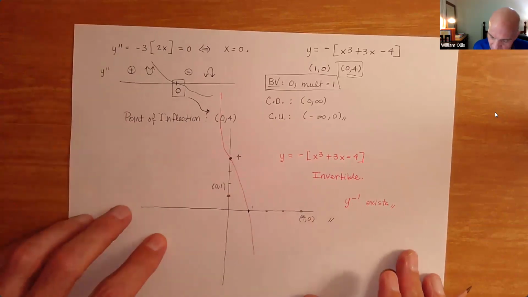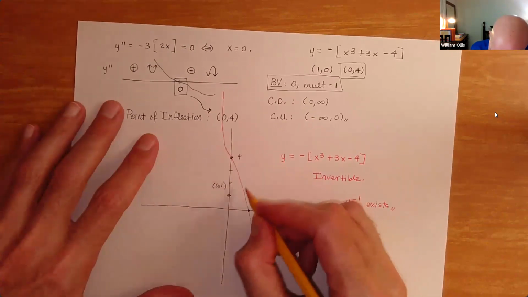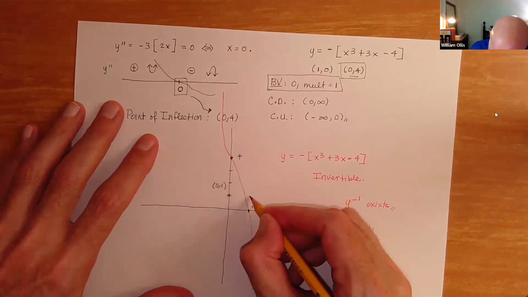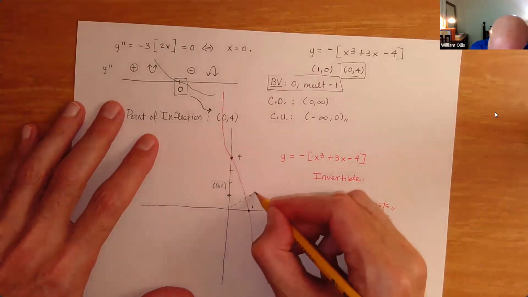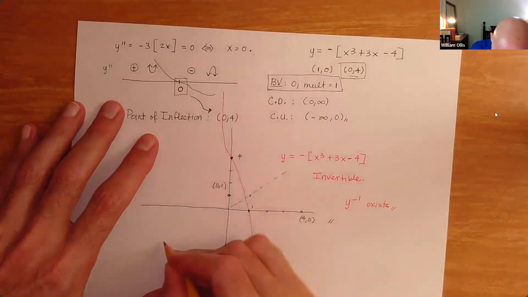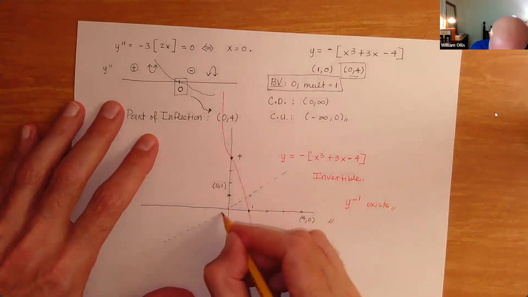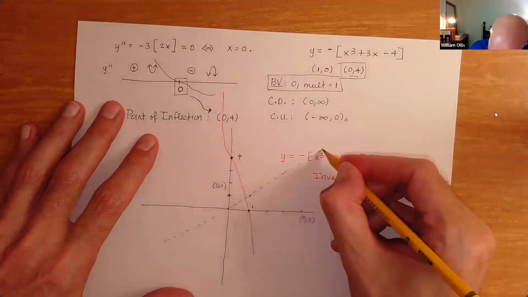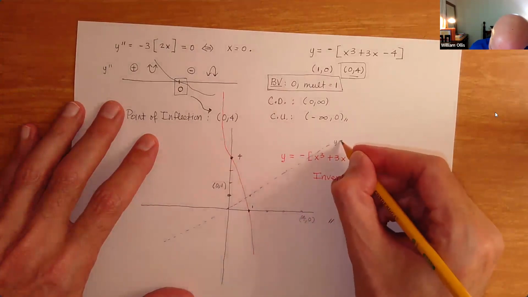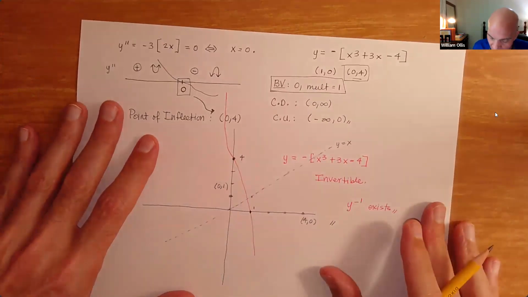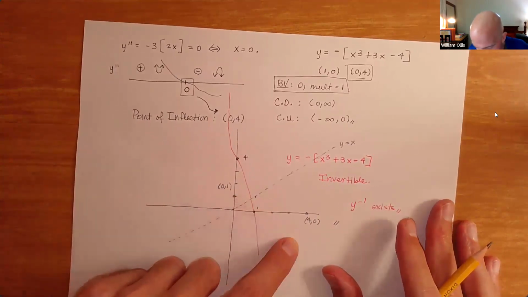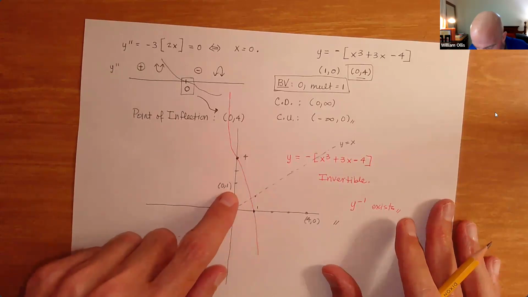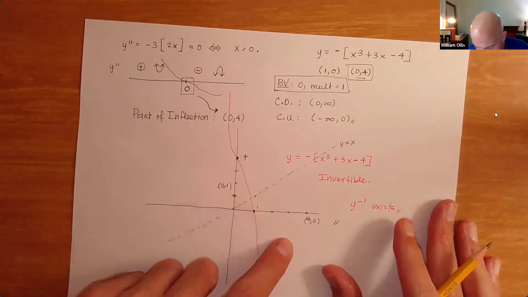So when you look at this, you're thinking, okay, we can do this. We have our line y equal x. That's our symmetry line. And so now you can think of just running this way to mimic this piece.